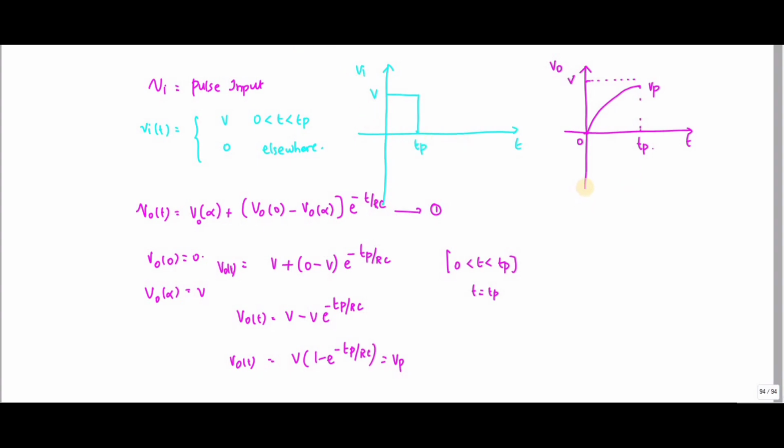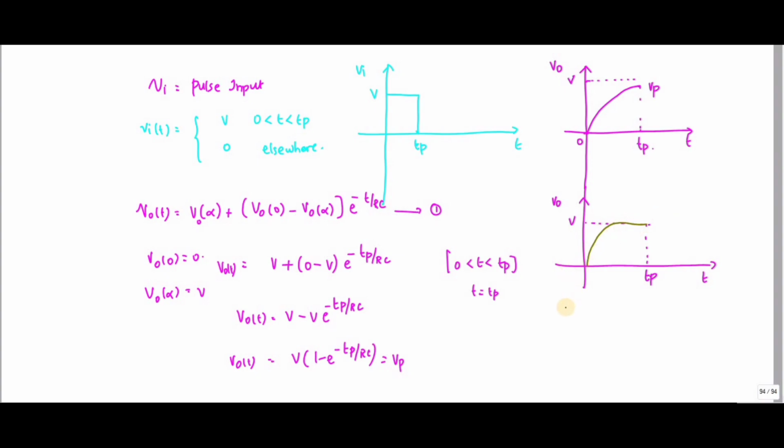I can also obtain the signal like this. This is your V, this is your Vp, and this is your TP, and this is T. So I can obtain the signal in this manner also.